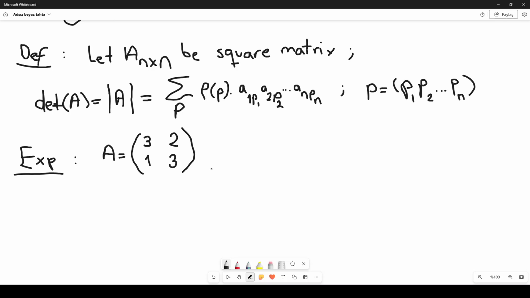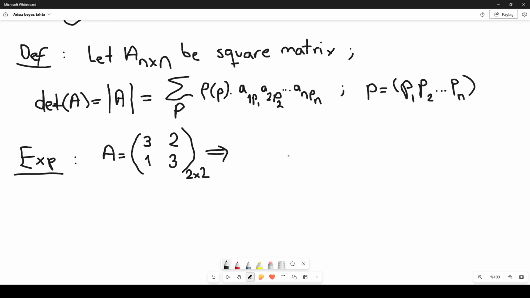Suppose this is the matrix whose determinant we try to find by using the definition. By the way, as you notice, this is a square matrix. We have 2 rows and 2 columns, so the number of rows and columns are equal. Since we have a square matrix, now we can start computing the determinant.